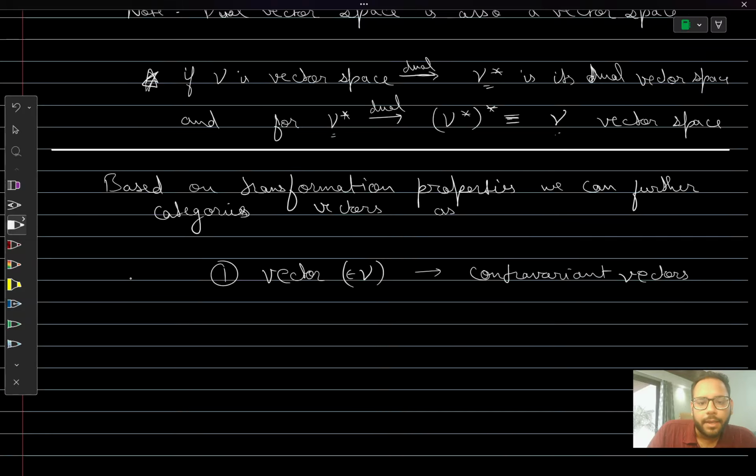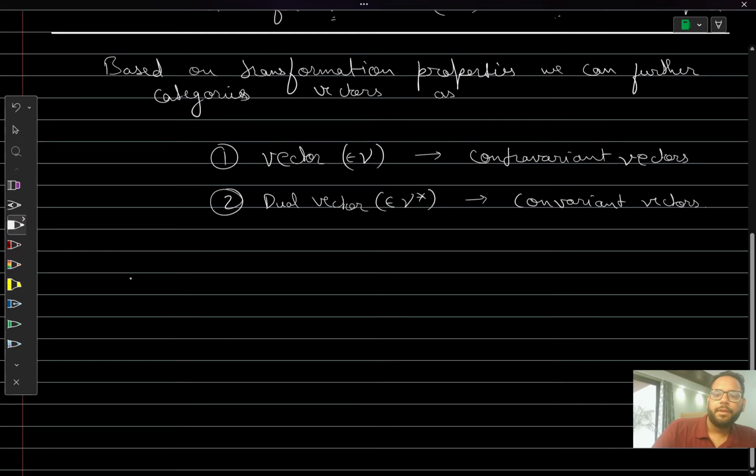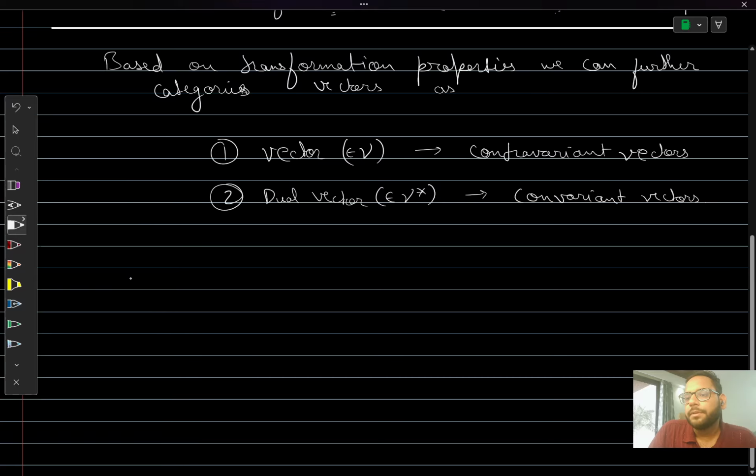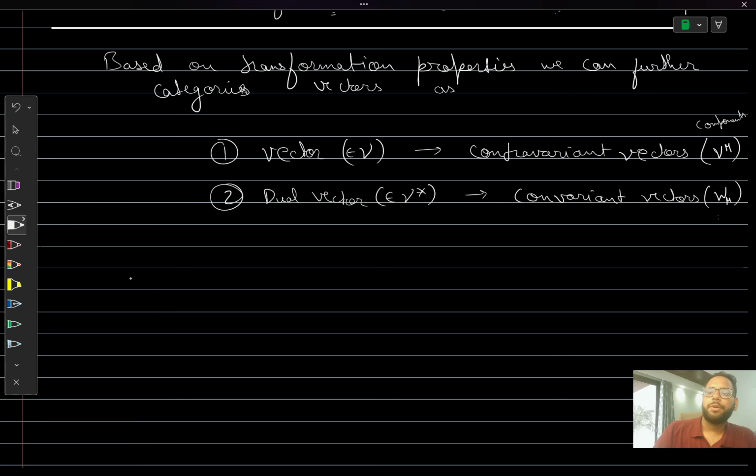And second, dual vectors belonging to dual vector space, we can define them as covariant vectors. For such vectors, we have components with upper indices. These are components. And for such vectors, we have components with lower indices. These are components of the vectors.